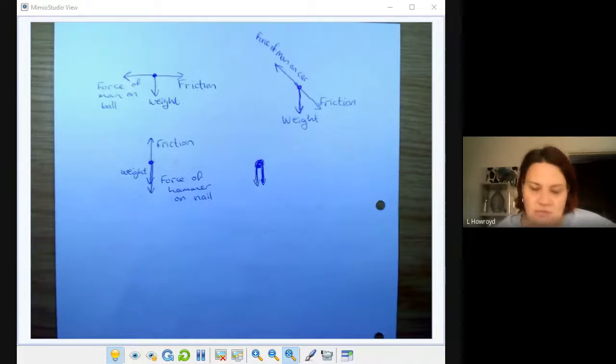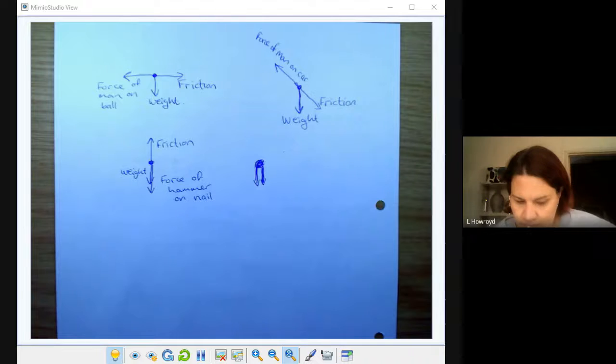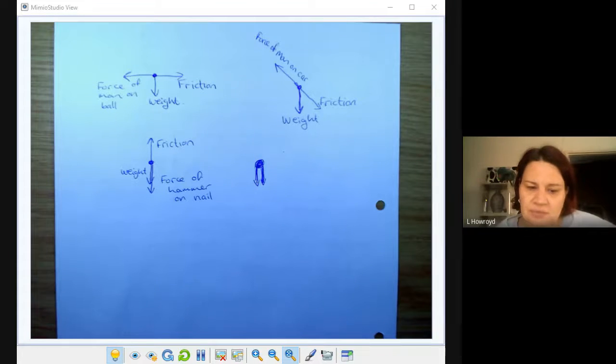Okay, any questions regarding free body diagrams? Remember, girls, that it's not only forces. You can look at any vector.